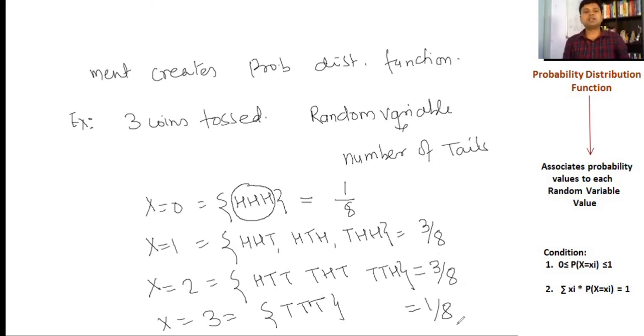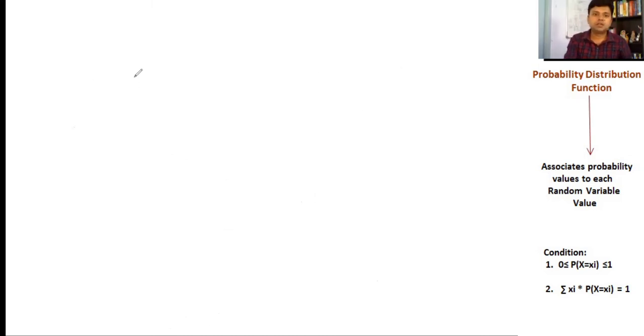So with each value of the random variable, X equal to 0, probability is 1 by 8, for X equal to 1 it is 3 by 8, for X equal to 2 it is 3 by 8, and for X equal to 3 it is 1 by 8. So let us chart it: X, and this is the probability of X equal to xi.